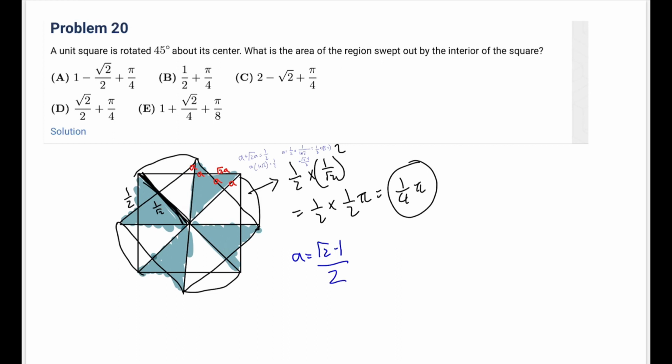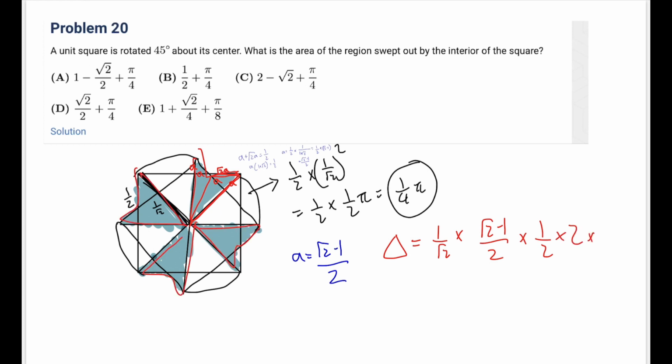And so now we can know this thing because we know that the height is root 2 minus 1 over 2. So the triangle is, this bottom is 1 over root 2, and this times the height, root 2 minus 1 over 2, this times 1/2, and then we have 2 of these right here, this times 2, and then we have 4 of those, right?